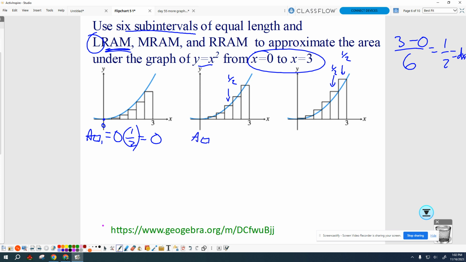For MRAM, I need to pick the midpoint between, what is it going to be? A quarter. A quarter? He said it with a question mark. Do you guys agree? Yeah.